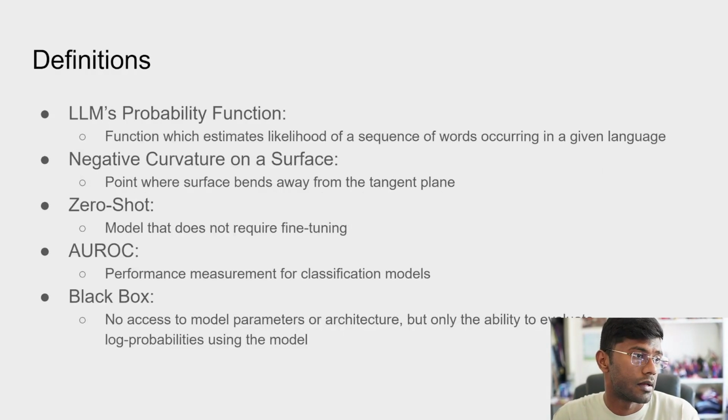All right, so the LLM's probability function is the function which estimates the likelihood of a sequence of words occurring in a given language according to the LLM, and it's zero-shot, so it does not require any fine-tuning, and the performance measurement AUROC was used for this. And we do not need the model parameters or the architecture, but we do need the ability to use the model and score it against these different samples.